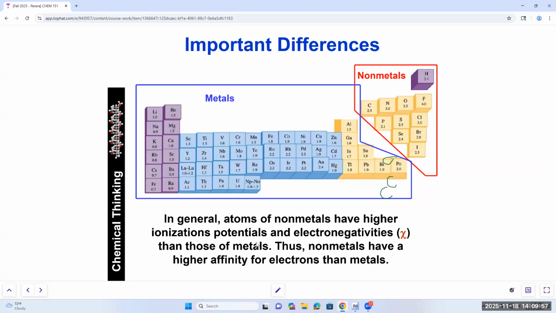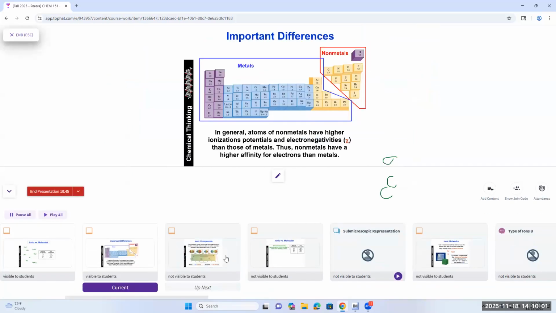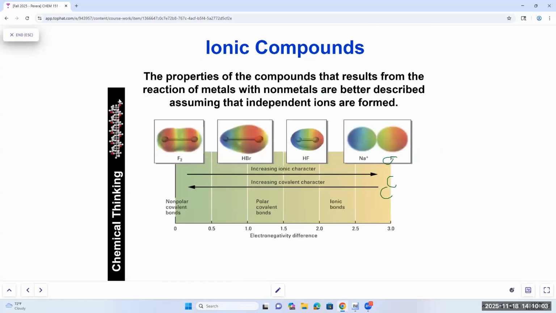So let's think about the ionic bond for a second. Before we do the ionic bond, let's think about a normal covalent bond, a non-polar covalent bond like F2. Electrons are equally distributed between the two atoms there. It's going to be a non-polar bond. But if you have an electronegativity difference between the two atoms, then the more electronegative atom will have a partial negative charge.